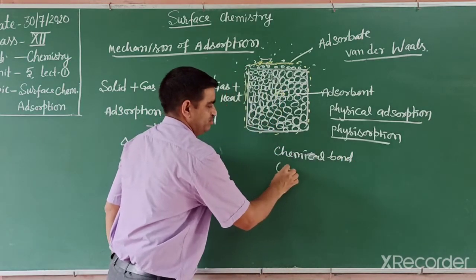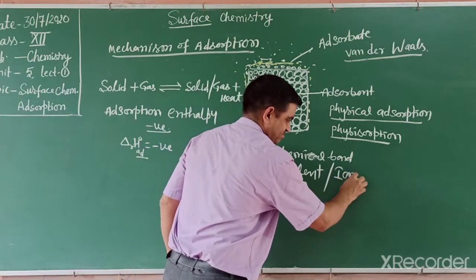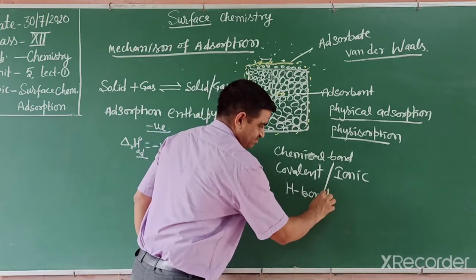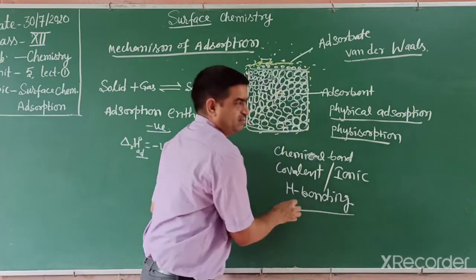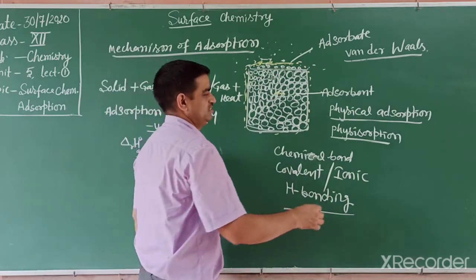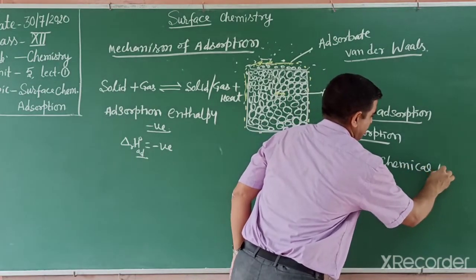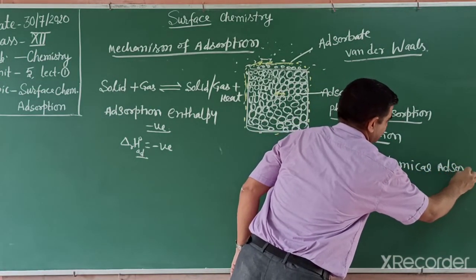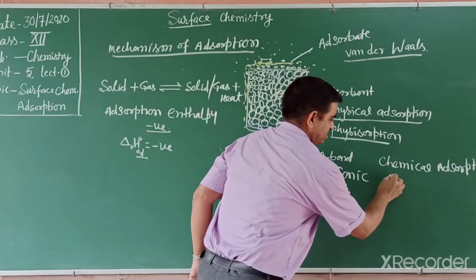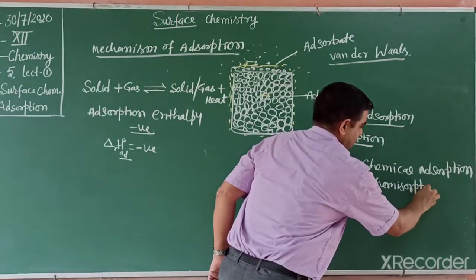Like covalent bonds, ionic bonds, mainly hydrogen bonding, occurring between adsorbate and adsorbent, that is known as chemical adsorption, or chemisorption.